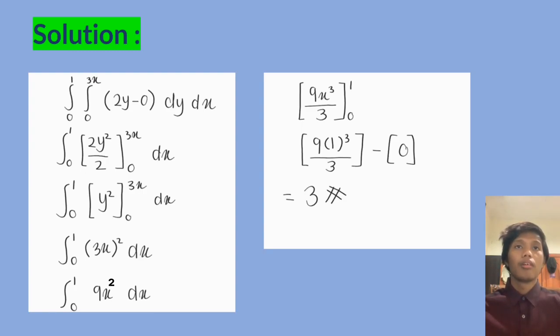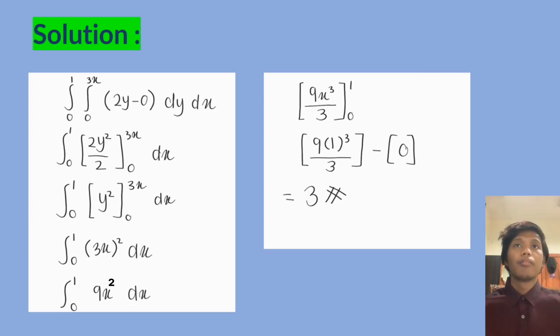And for the equation for Green's theorem, we must get the limit for the y-axis and x-axis. So for the x-axis is 0 to 1, and for the y-axis is 0 to 3x. We can get this limit from the graph.